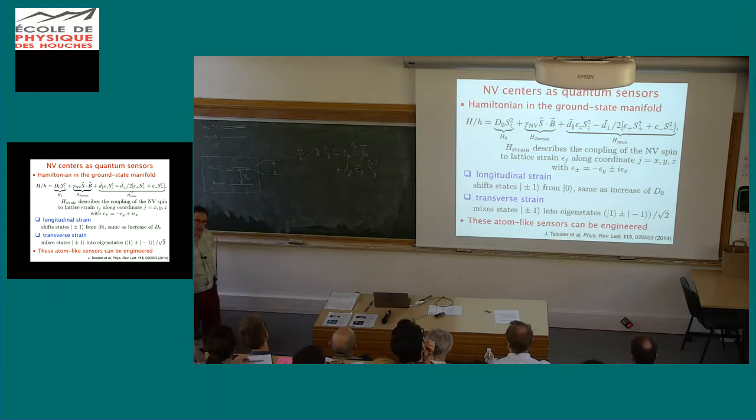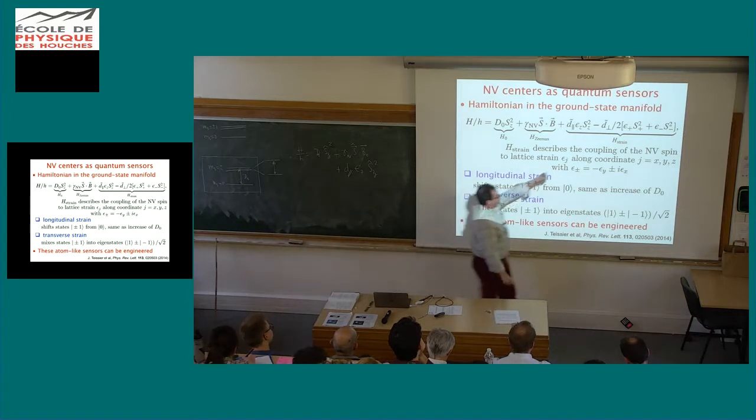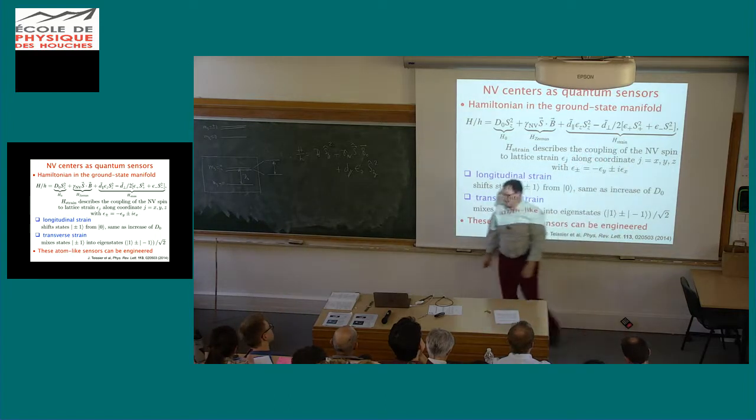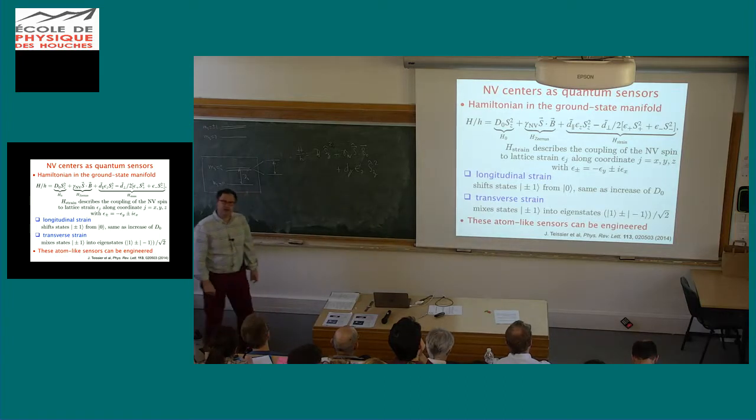But I can also have a transverse strain applied to the crystal. In that case the symmetry of the defect will be strongly modified. This is a little bit more tricky to write, and it's the second term that I write here. Due to this transverse strain, I will couple and mix these two levels.